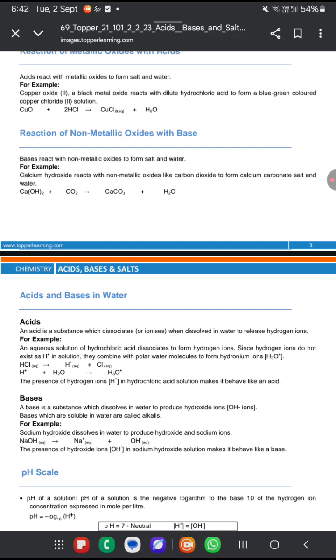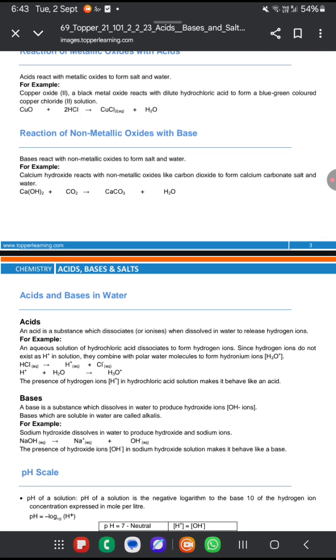HCl aqueous gives H+ aqueous plus Cl- aqueous. H+ plus H2O gives H3O+. The presence of hydrogen ions H+ in hydrochloric acid solution makes it behave like an acid.